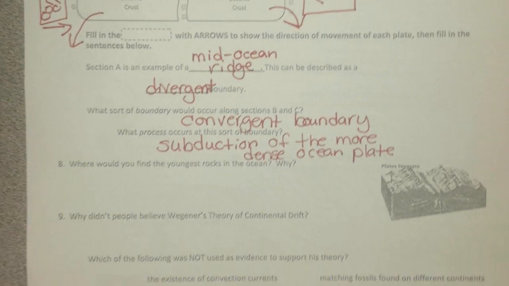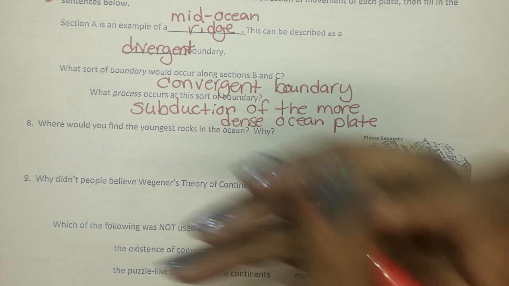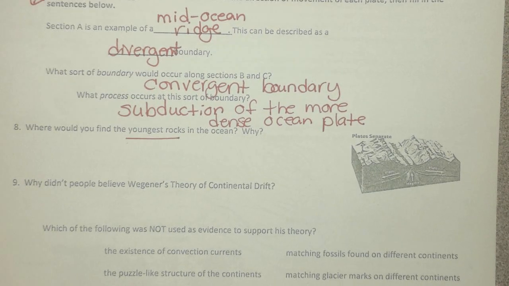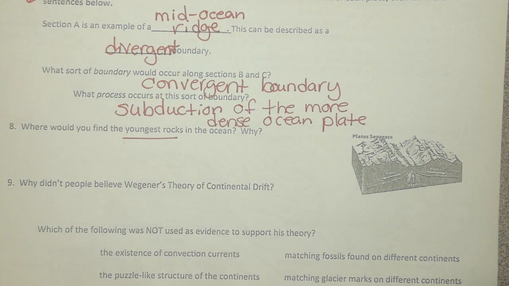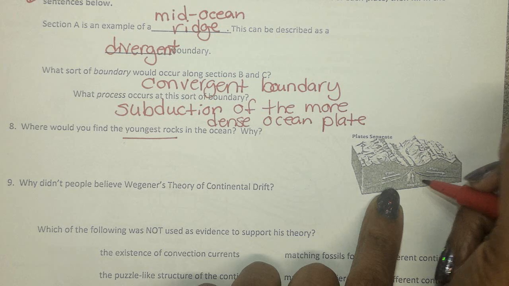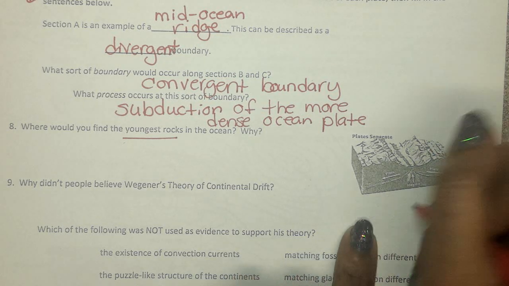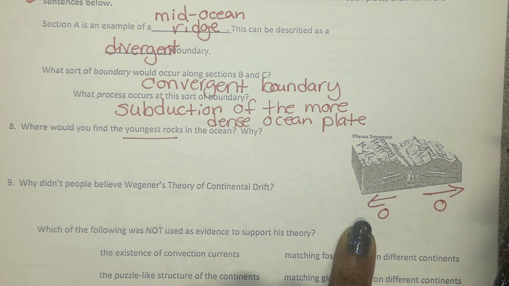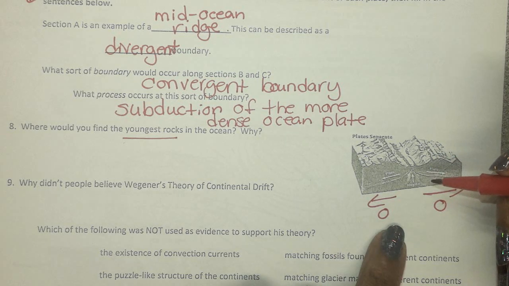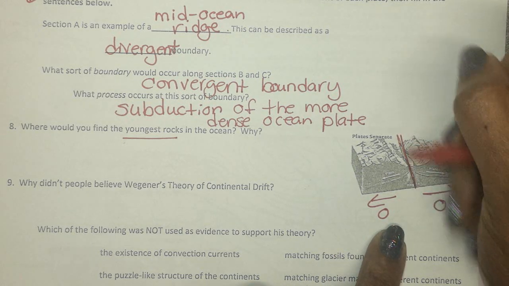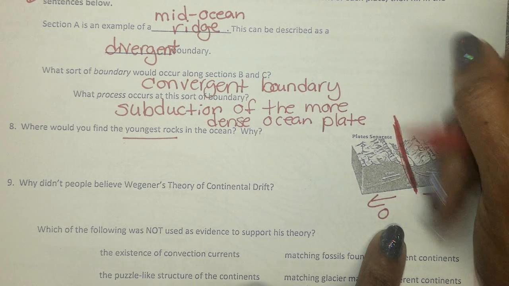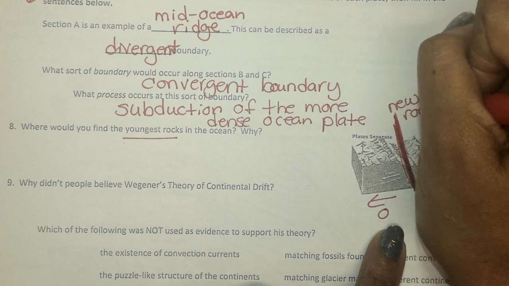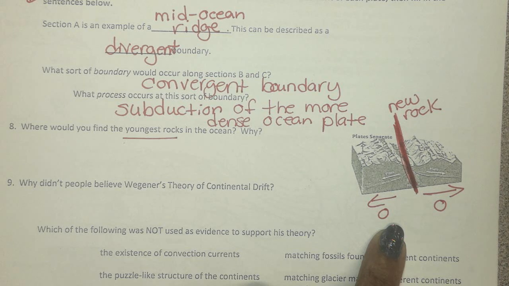All right, onward. Number 8, where would you find the youngest rocks in the ocean and why? Okay, so we're going to look at this picture. So right here you have two ocean plates separating. So this is ocean crust and ocean crust separating. So remember, when two ocean plates pull apart, that magma is going to rise and it's going to form new rock. So the new rock is going to be at letter A here.